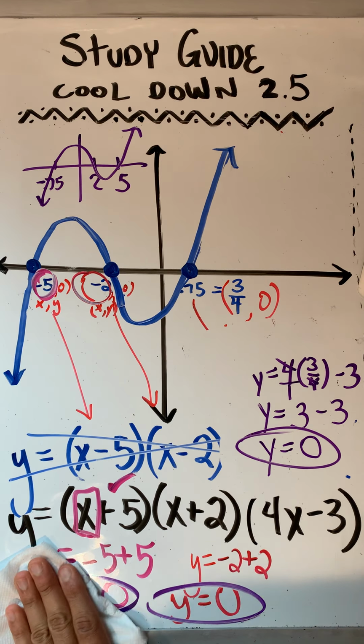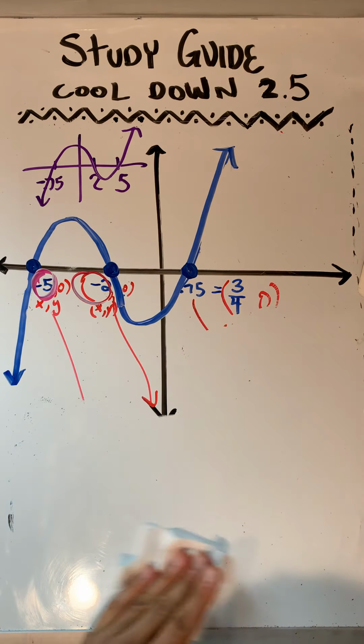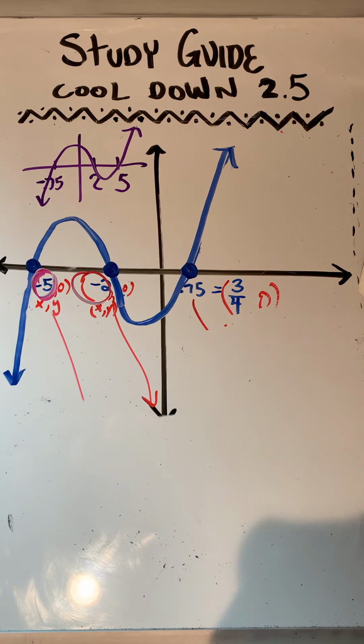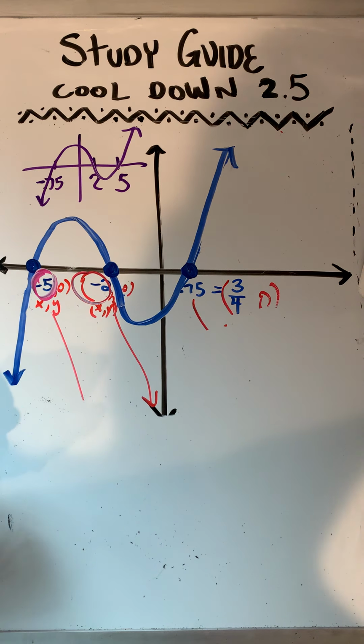So let me go ahead and calculate that out. Because I can say it, but it helps more to see it, right? So I'm going to rewrite that equation again.